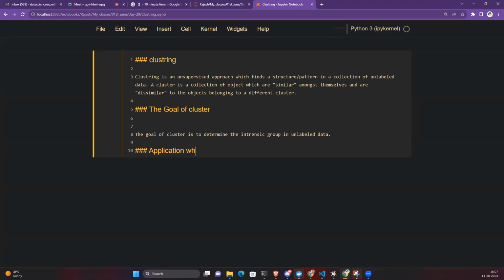Applications where we can use clustering techniques. Number one, very popular: customer segmentation. You can cluster your customers based on their purchase.